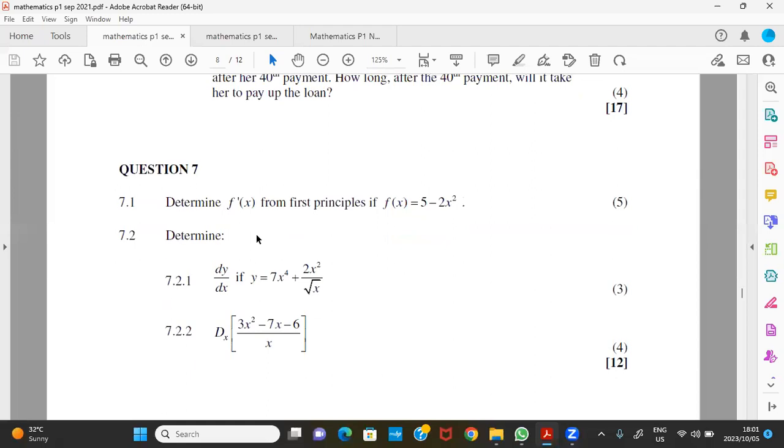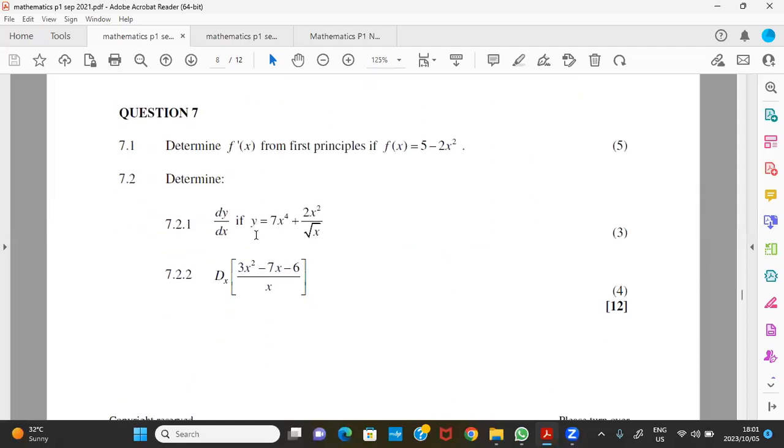Okay, yeah, and so the calculus. We are just going to look at the basics, which is first principles and just deriving. With first principles, I'm not really going to do it because I assume you know how to do it.